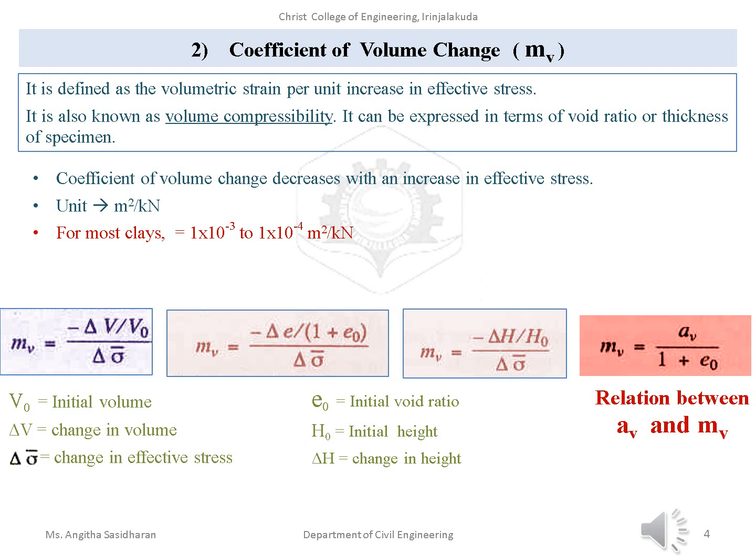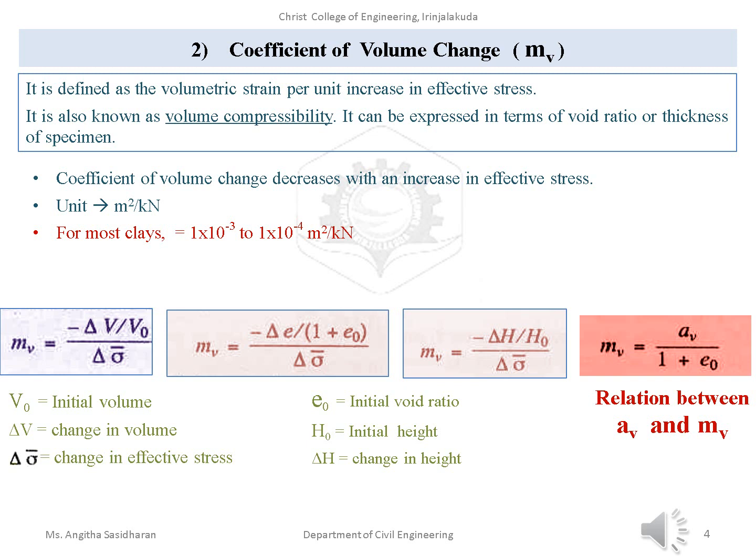It can also be expressed in terms of void ratio or the thickness of the specimen. The volume is decreasing, the void ratio is decreasing, and the thickness of the specimen is also decreasing, isn't it? So we can write m_v in terms of all these three. The various expressions that can be used to find m_v, or the coefficient of volume change, are written here.